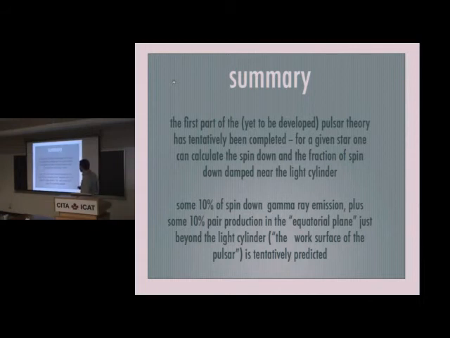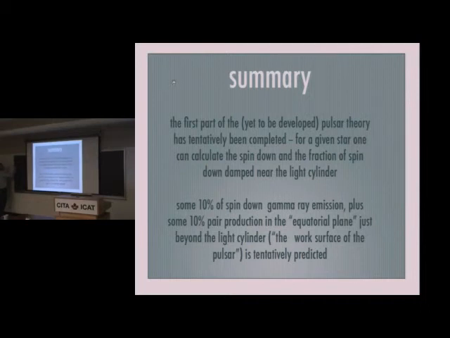we can tentatively claim that the first part of the yet to be developed pulsar theory has been completed. For a given distribution of magnetic field and for a given spin, we can calculate the spin down luminosity. By the way, one of the results is somewhat frustrating: for an axisymmetric pulsar, dipole radiation gives 0.